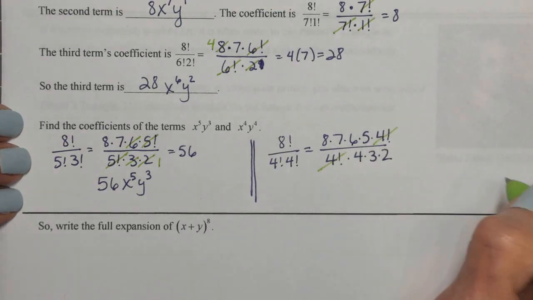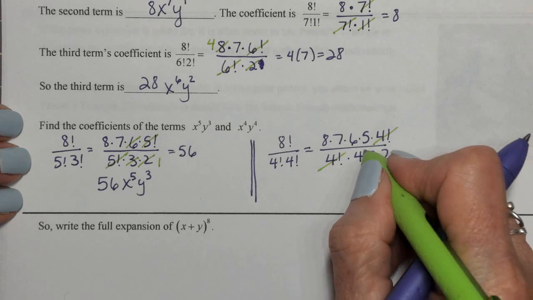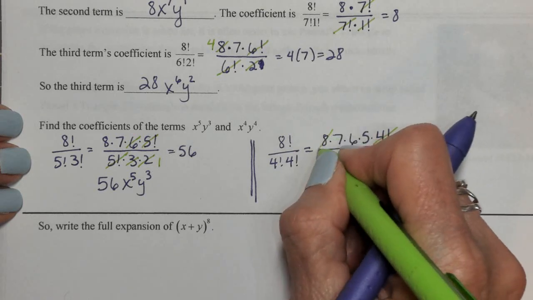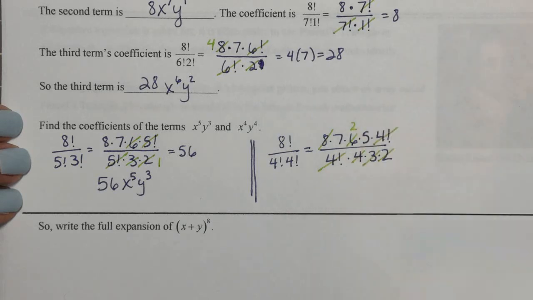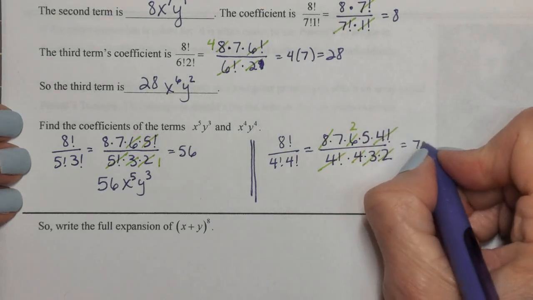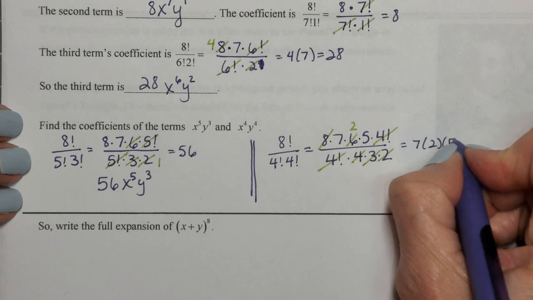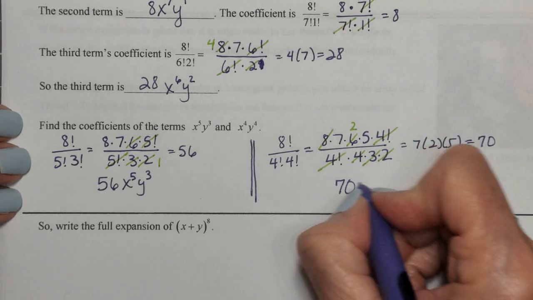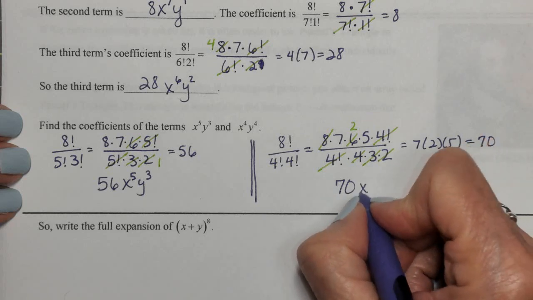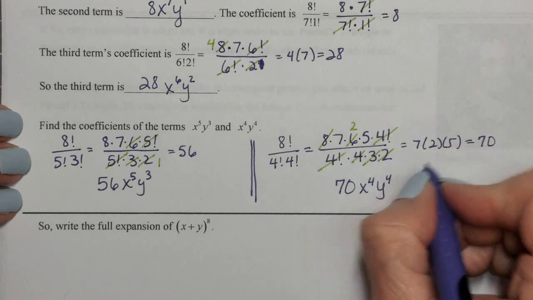These 4 factorials reduce out. 4 times 2 is 8. 3 goes into 6 twice, so I'm left with 7 times 2 times 5, that is 7 times 10, or 70. So the term will be 70 x to the 4th y to the 4th.